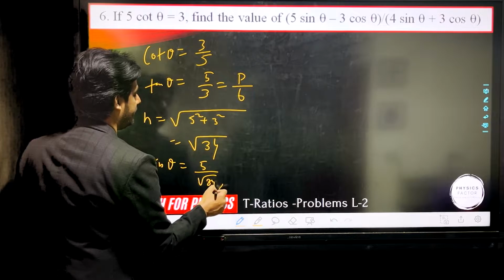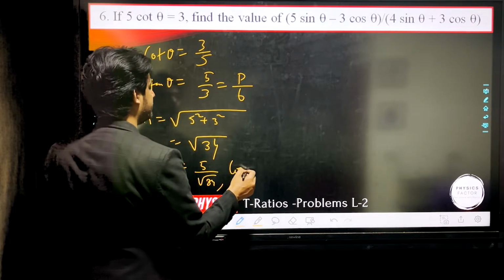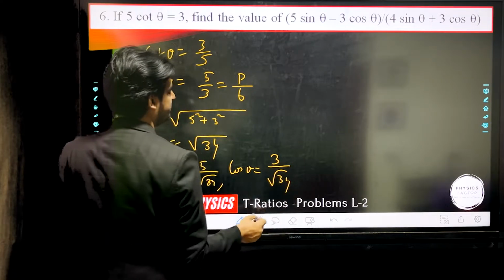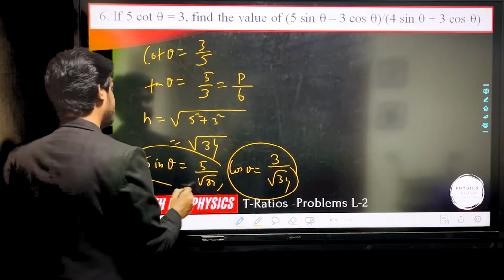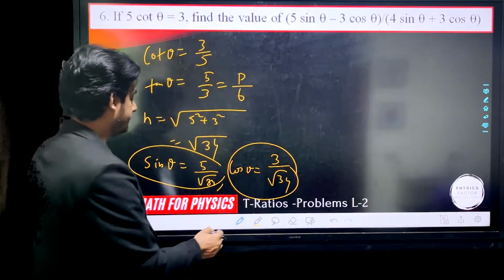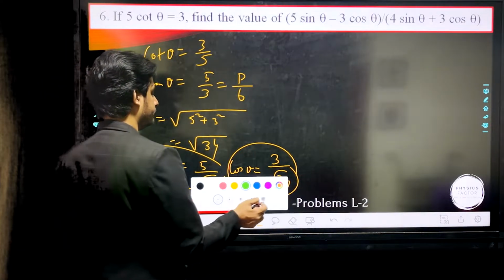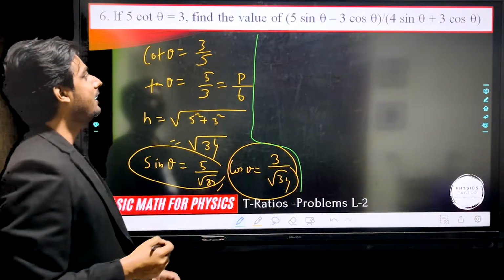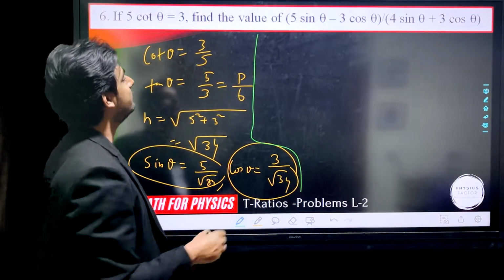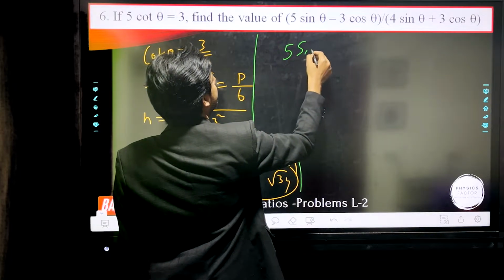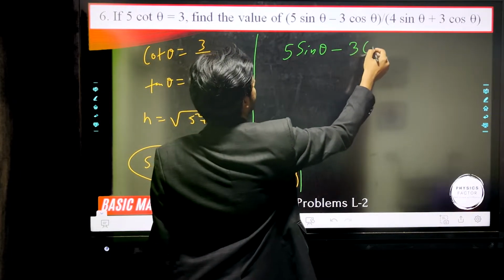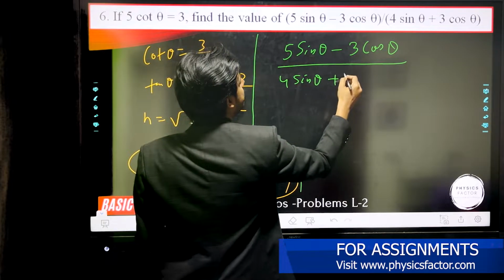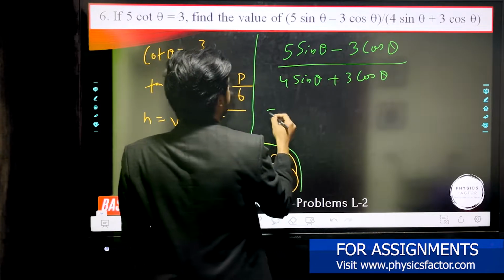It's not a good value anyway. And cos theta is 3 upon root 34. These two values we need only. So I'll directly write the expression: 5 sin theta minus 3 cos theta upon 4 sin theta plus 3 cos theta. Let's substitute the values.